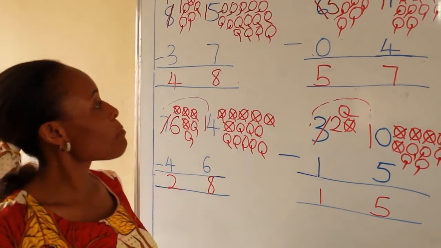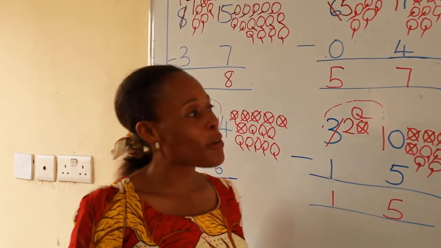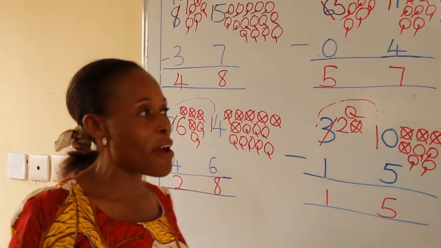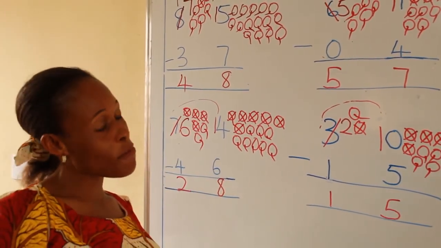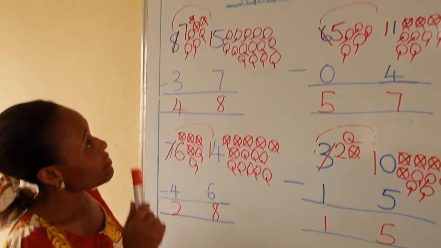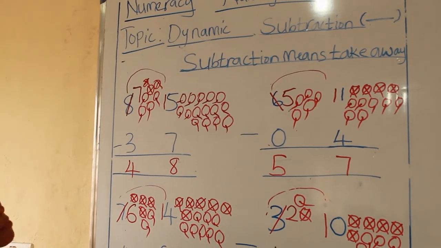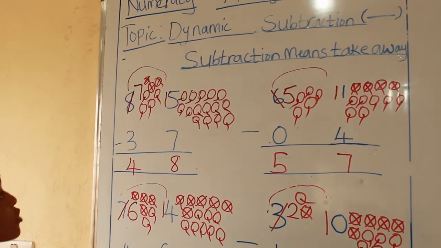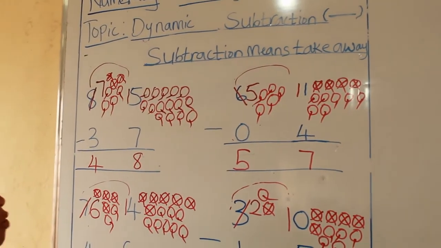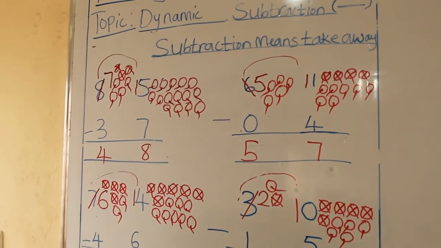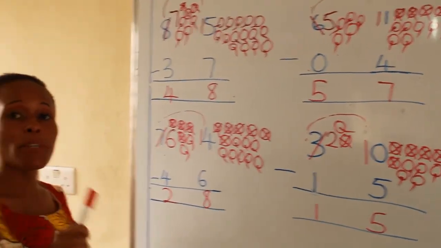Splendid. Of course, children, I do know you enjoyed this lesson very much. Don't forget, our topic for today has been dynamic subtraction. And I told you that dynamic subtraction involves borrowing over one number, and that one number becomes number 10.